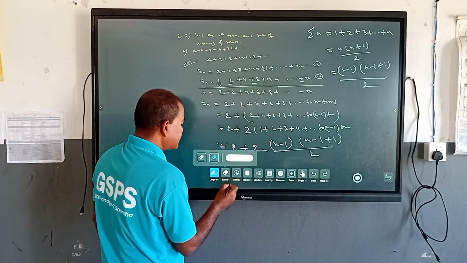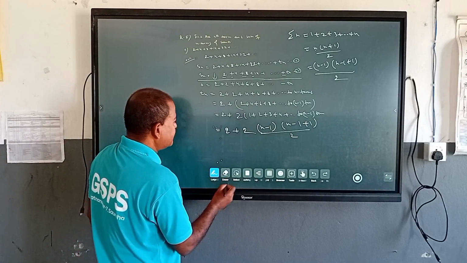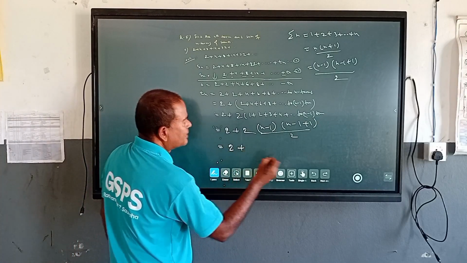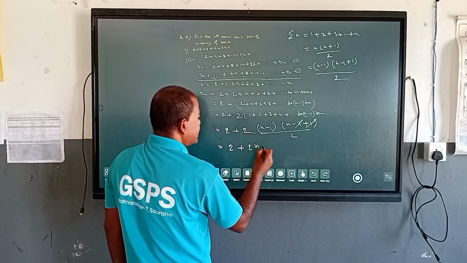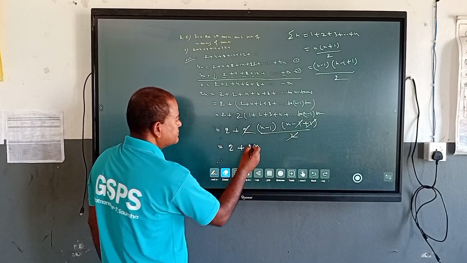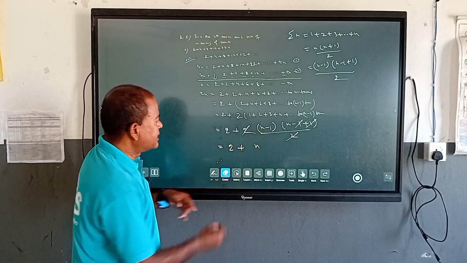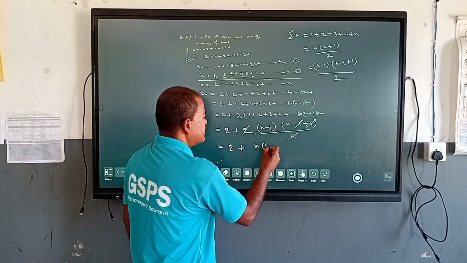So dear students, let's do the simplification. Now plus 1 minus 1 cancel, and the 2 in the numerator and denominator we can cancel, then the remaining term is n times n minus 1.